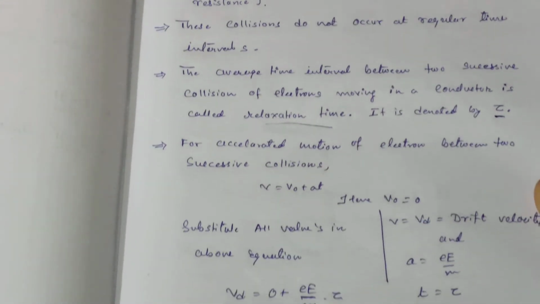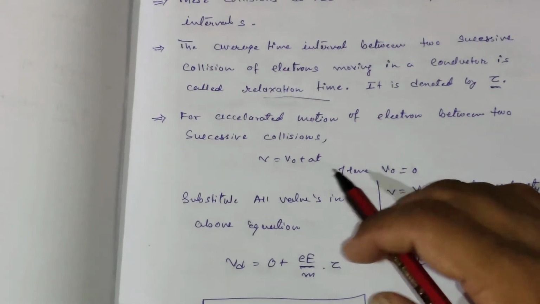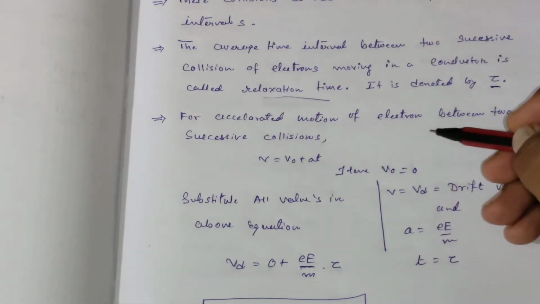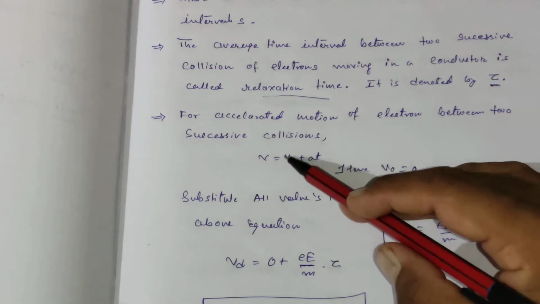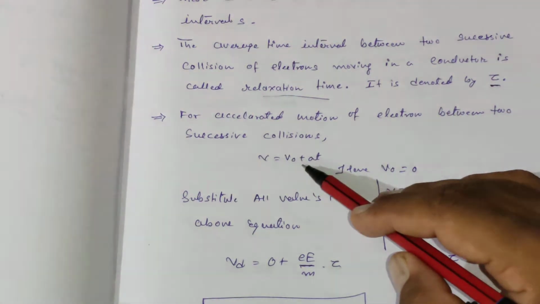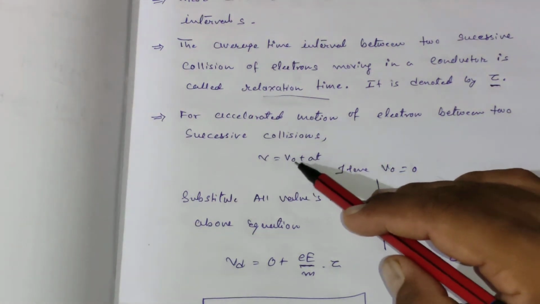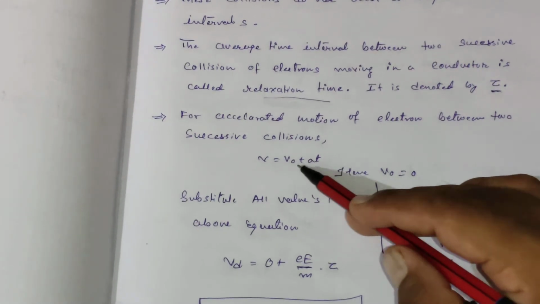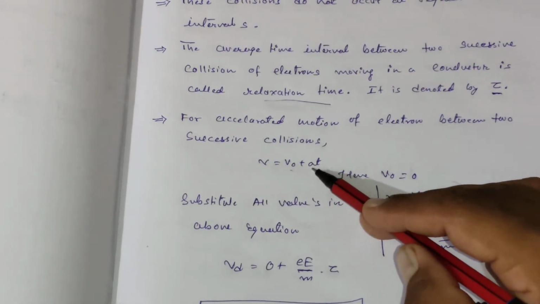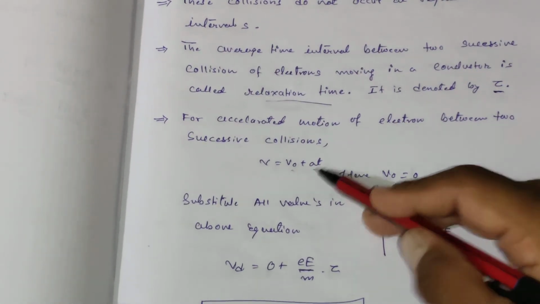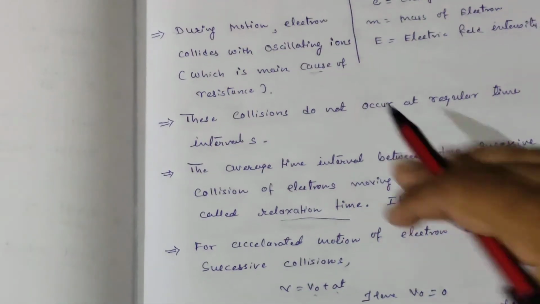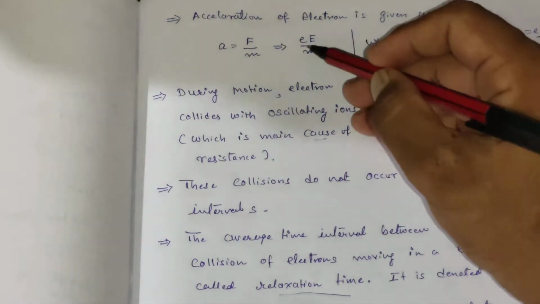Now initially we consider the electron to be at rest, so by using the equation of motion at successive collision, v equals v0 plus at, where v0 is 0 and a is qE upon m.